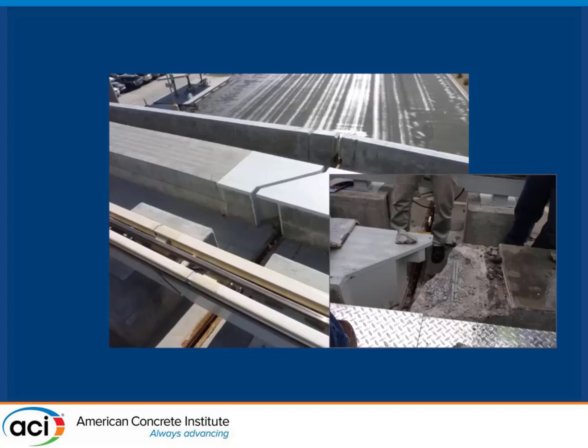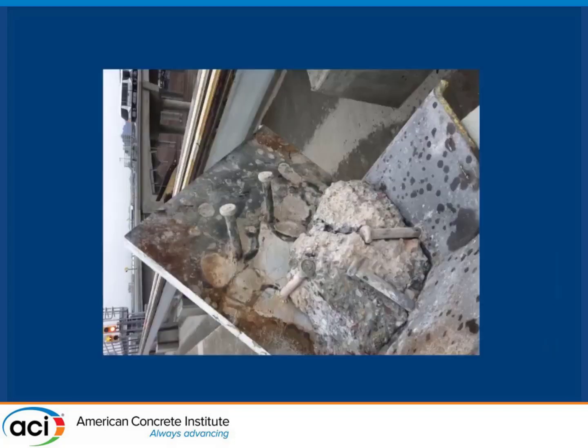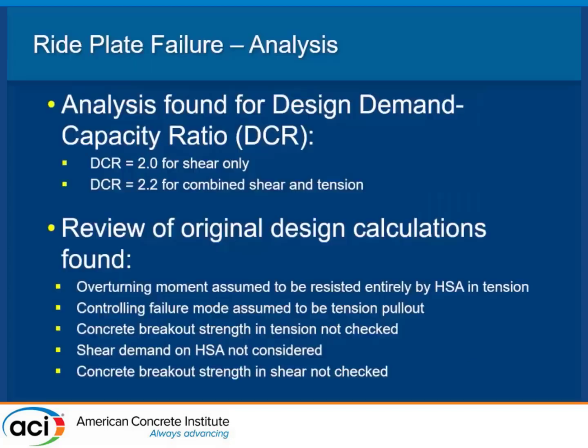So they're like, okay, what happened here? Like I said, after just a couple of uses, one went, and then within 5 days, 20 more went. It was a grossly under-designed situation. What they found out is they didn't design for shear at all.